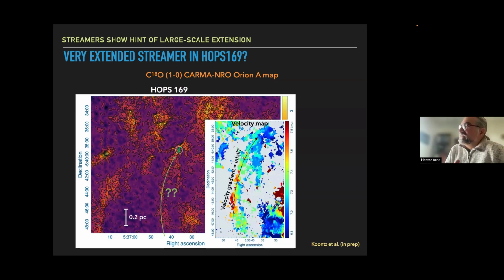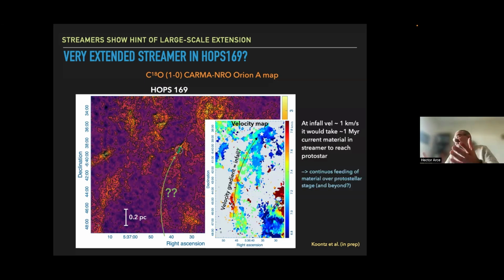Well, we take a look at the velocity structure of that filament, and we see a very nice velocity gradient, as you would expect if you have infalling material. Now, this is again speculative. We have to look at it in more detail, but it could be that we are seeing large-scale streamers that are about 0.8 to 1 parsec in scale.